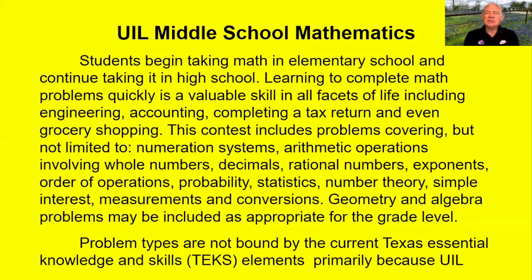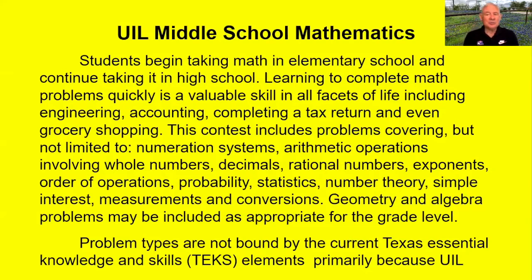This contest contains problems including, but not limited to, the numeration system, the basic arithmetic operations involving whole numbers, decimals, rational numbers, and so on, including some probability and statistics, a little number theory, interest, and some conversions.